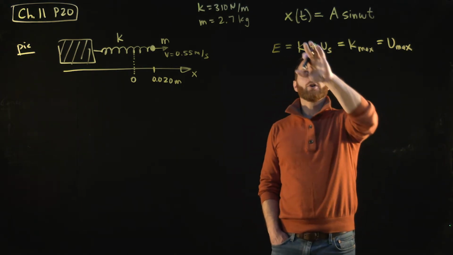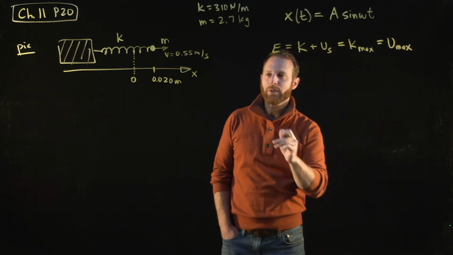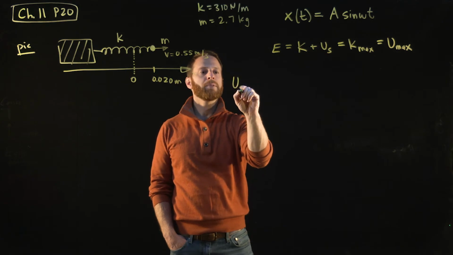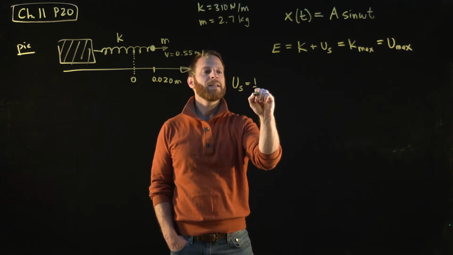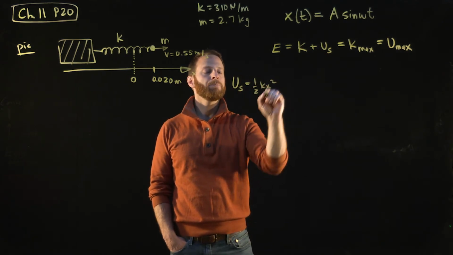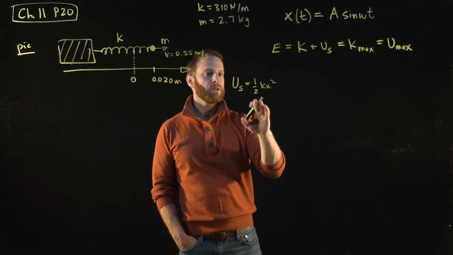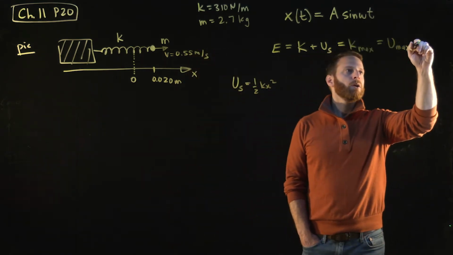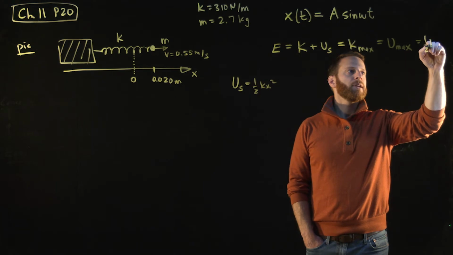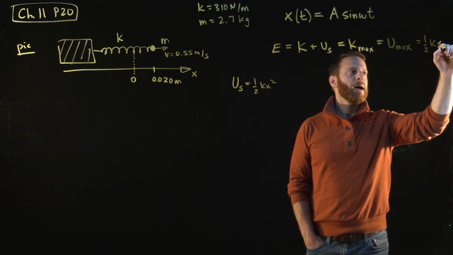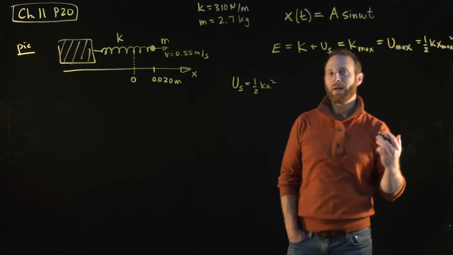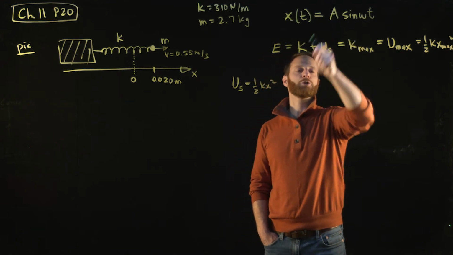If we look at the position, and remember that the spring potential energy is 1/2 kx squared, the biggest that U can be is 1/2 k x max squared, and x max is as big as this function could ever be.